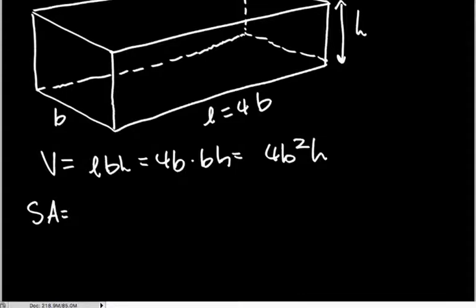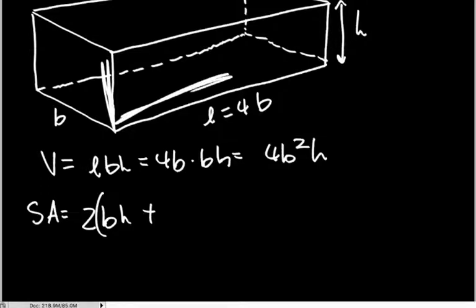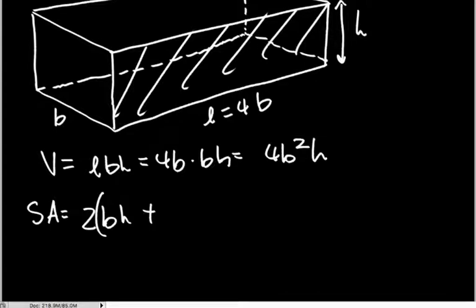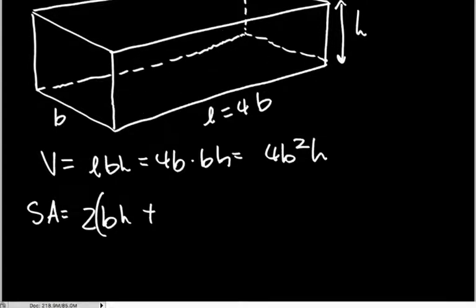That happens twice, right? And then this other longer wall, the area for that is 4b times height, and that happens twice as well.